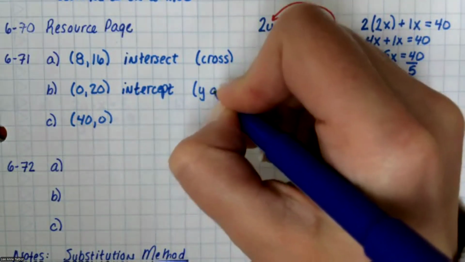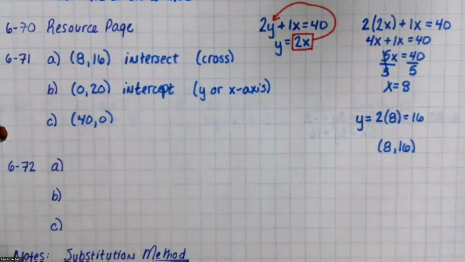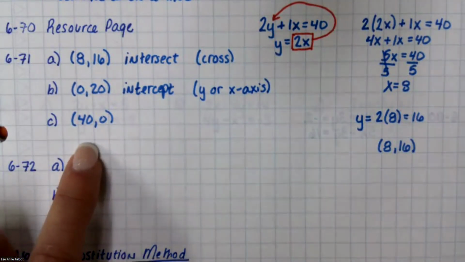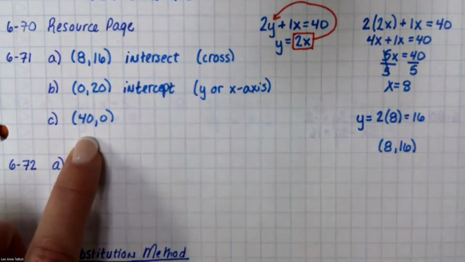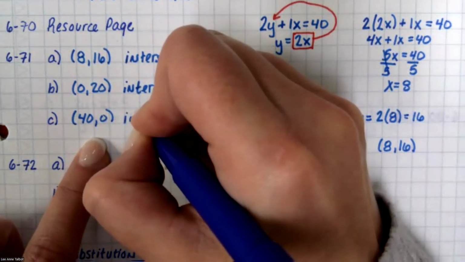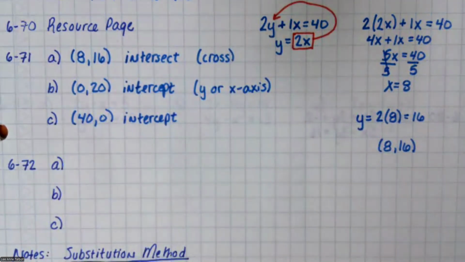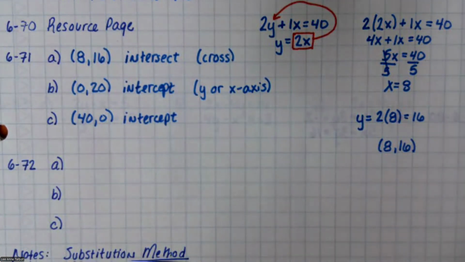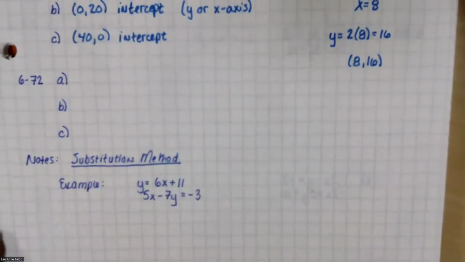Intercept is on the y or x axis. Okay, so big question: is it an intersect or an intercept? Intercept. And you can tell because it's got a 0 in it. A few people on your quiz put point of intercept. I did not mark it wrong because we had not done this yet. Okay. Go ahead and set up the last bits.